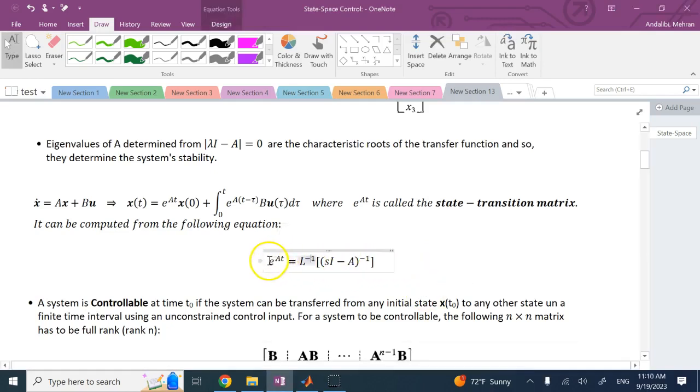But most of the time it's a good idea to use this inverse Laplace, and it can help find e to the At quite a bit faster.